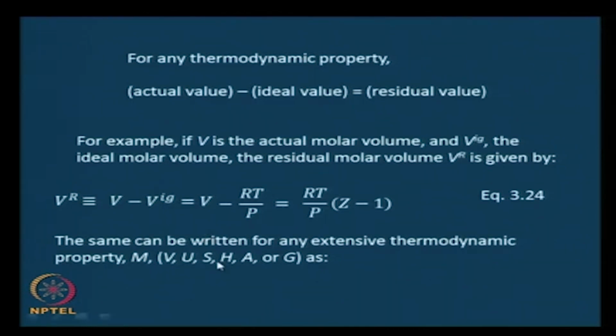You could write one for internal energy, for entropy, enthalpy, Helmholtz free energy or Gibbs free energy, and if that is represented as Mr, the residual property is M, the actual property minus the ideal gas property.